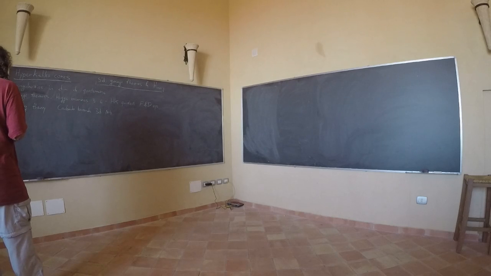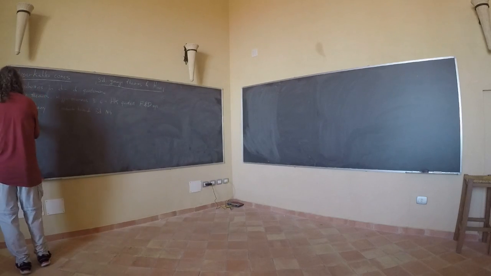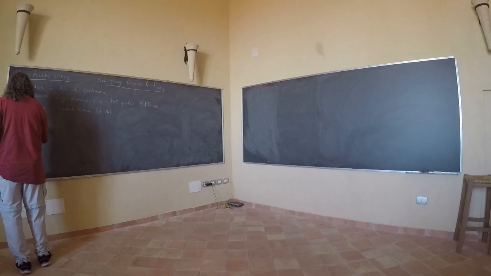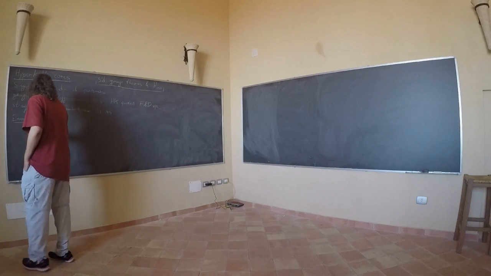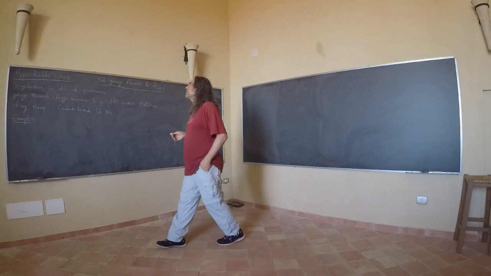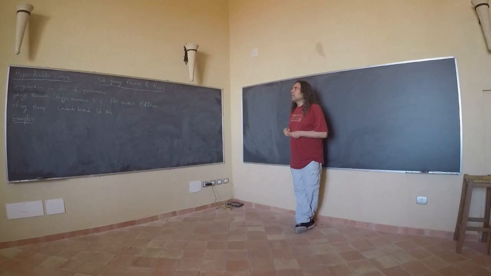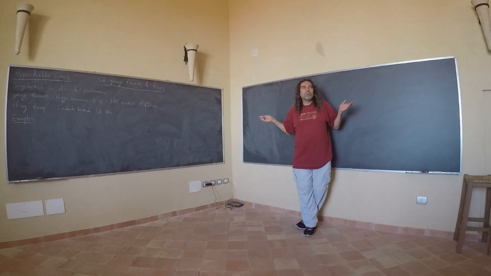Now, let's just see some examples. So, in general, if we could have some classification of such singularities, it would be great. However, this turns out to be a too difficult problem.